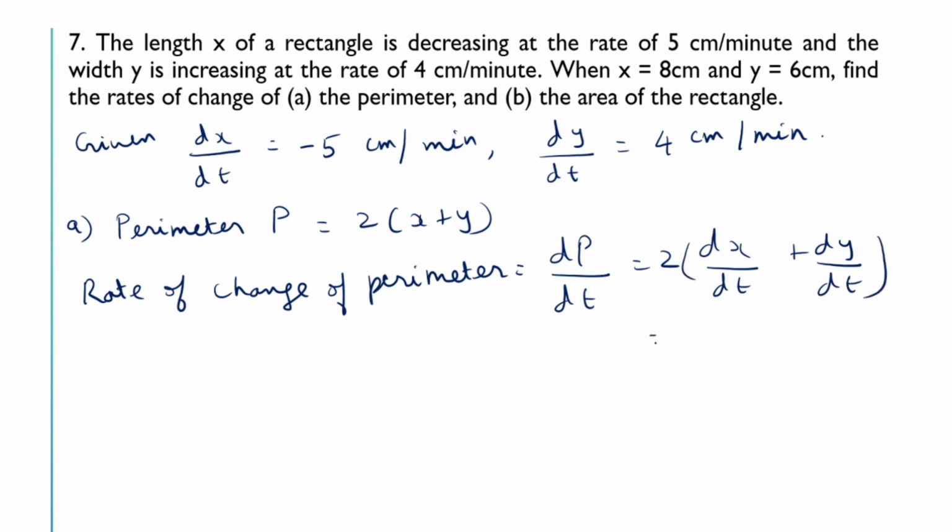So this is equal to 2 into, here dx by dt is minus 5 and dy by dt is plus 4. So minus 5 plus 4. So it is minus 2 centimeter per minute. So the rate of change of perimeter is minus 2 centimeter per minute.